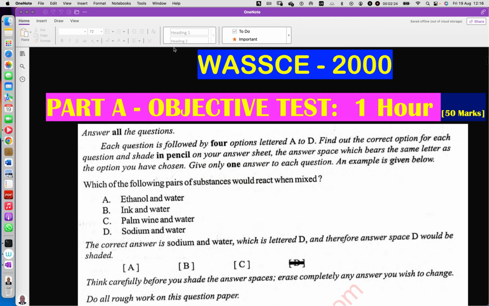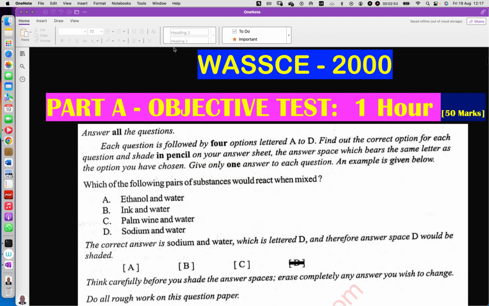Which of the following pairs of substances will react when mixed? A, ethanol and water; B, ink and water; C, palm wine and water; D, sodium and water.